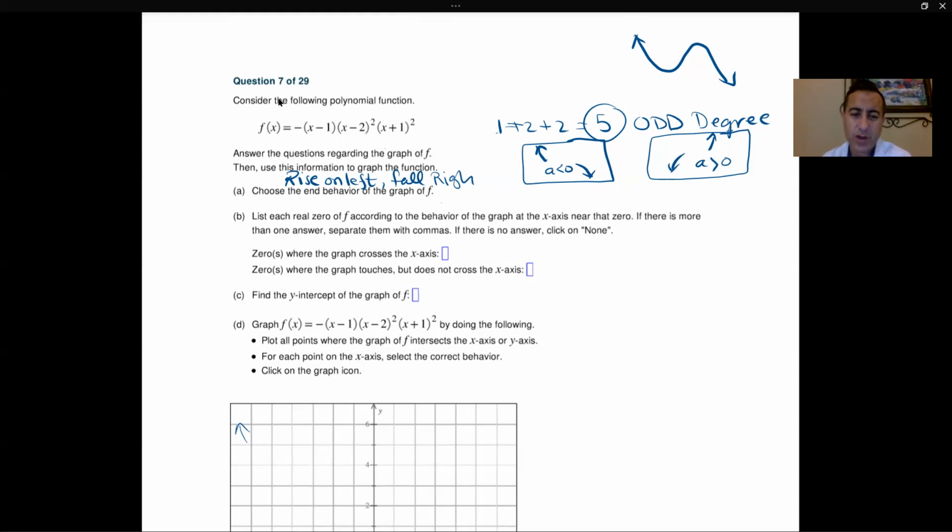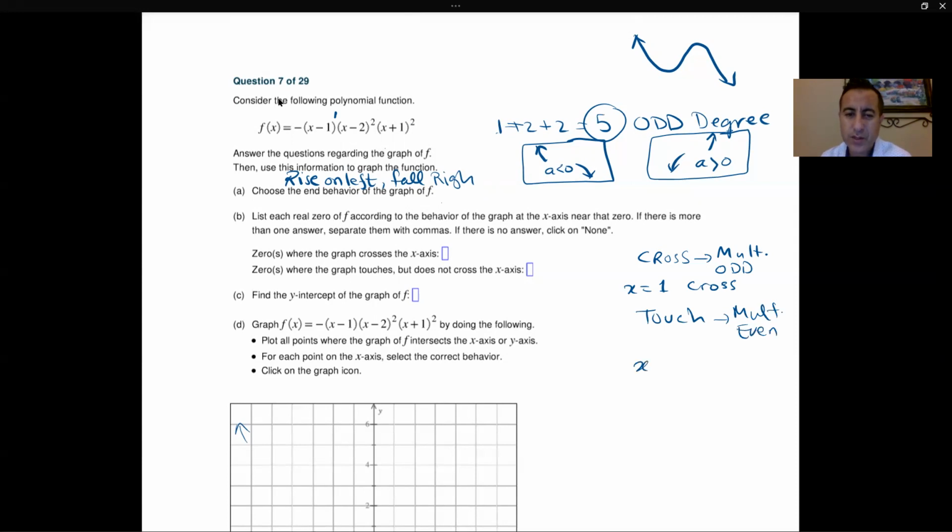So the zeros where the graph crosses the x-axis: for the graph to cross the x-axis, the multiplicity has to be an odd multiplicity. So for example, this one, the multiplicity is 1, then at x equal 1, it will cross. These are 2, so for the touch, it will happen at the multiplicity if it's even.